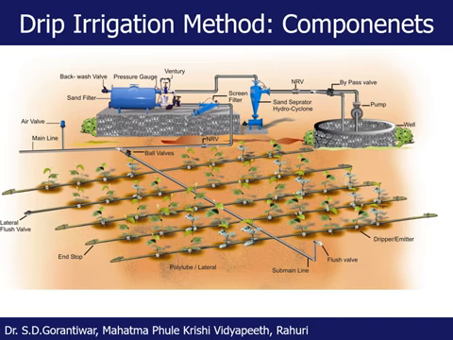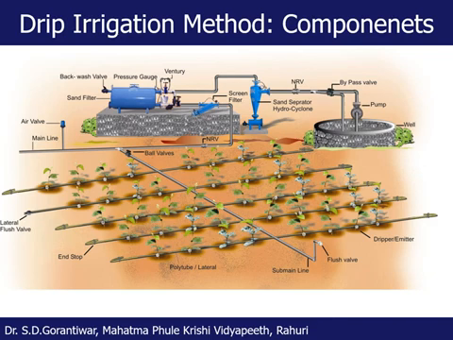Okay, so in this way, we have seen the important components of the system: drippers or emitters, then the pipe network in the form of laterals, submain, main, then the control unit that consists of the filter units, either hydrocyclone filter, sand filter, and primary filter in the form of screen or disc filter.